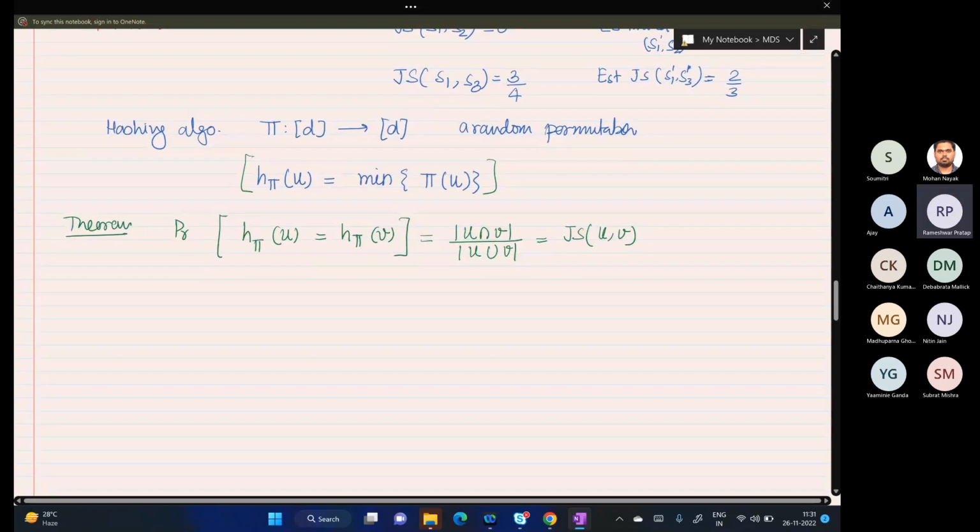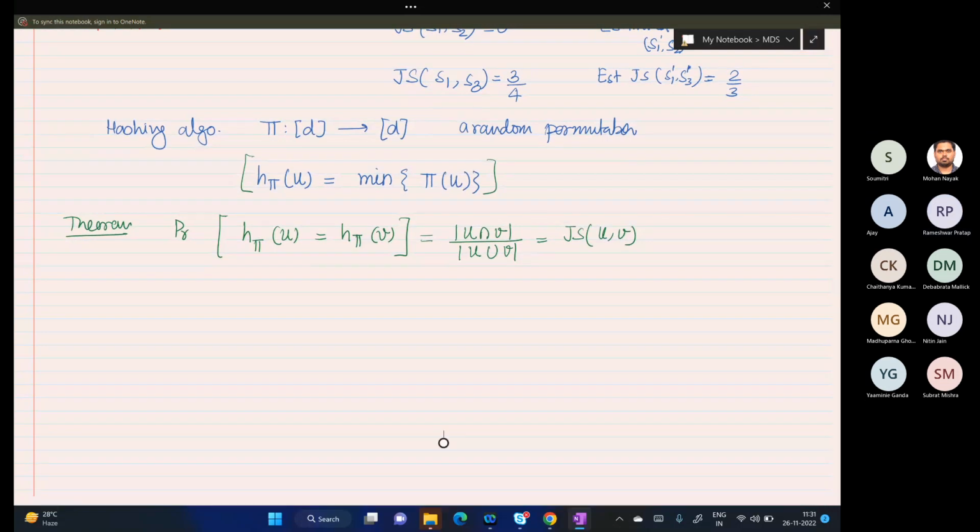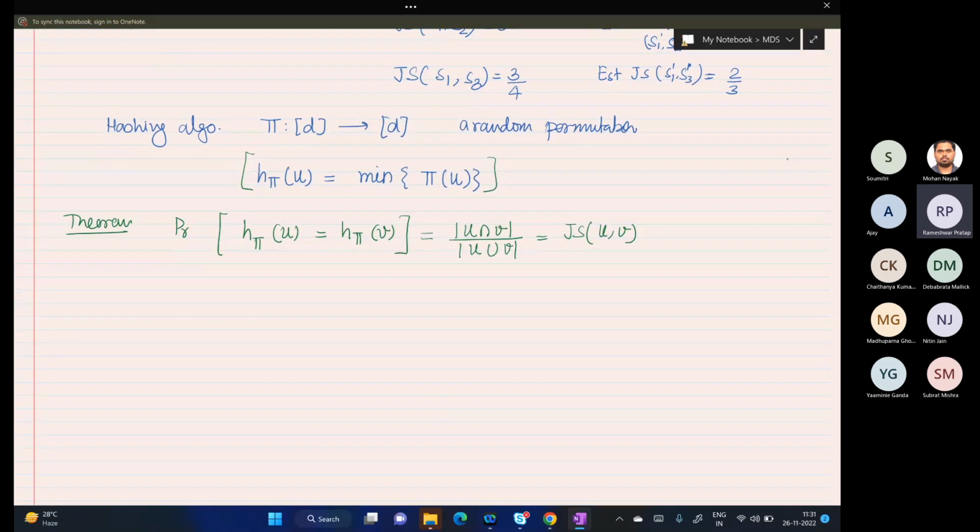Okay, so anyway, just for the sake of completeness, we'll quickly do it. Suppose we denote our similarity estimate as S. First we'll calculate the expected value and variance of our estimate, and then we'll see the parameter corresponding to LSH. Our similarity estimate is an indicator random variable of h pi u equal to h pi v.